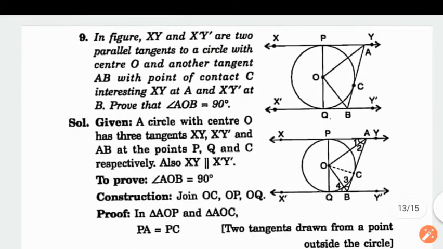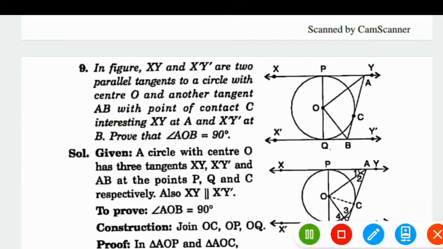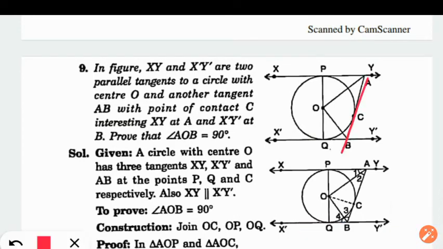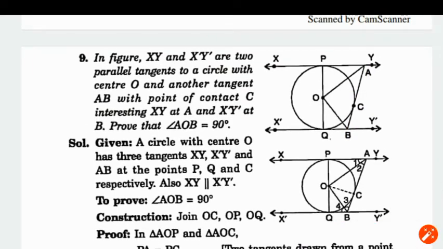Here we have on your screen a figure. In the figure, these two tangents are parallel tangents to the circle with center O, and one other tangent is there, tangent AB, at the point C. This tangent at the point C intersects XY at the point A and X'Y' at the point B, it is given.